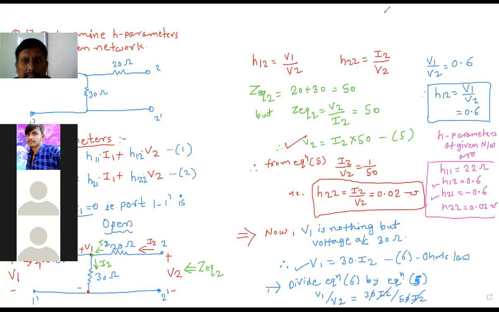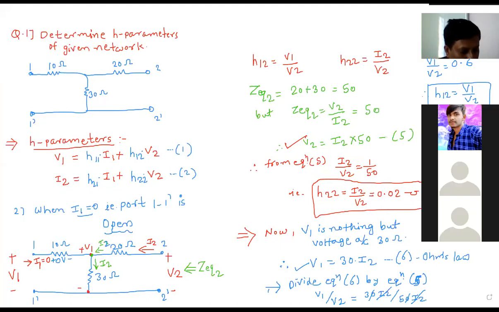So everyone understood this example now? Yes, sir. Okay. So one more example: we can take the same network for which we calculated Z parameters and Y parameters. Same network we can take for calculation of H parameters.